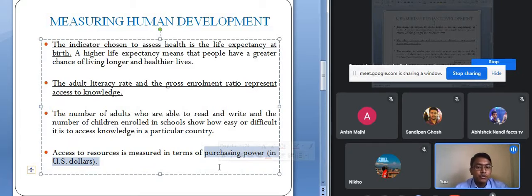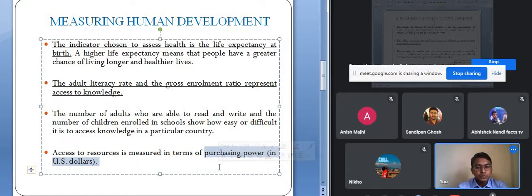In economics you have also heard this term, purchasing power. It shows whether people have the capacity to purchase the goods and commodities for their survival. If they have the purchasing capability, they are economically better off and have easy access to resources. But if the purchasing capacity is less, they do not have easy access to resources.